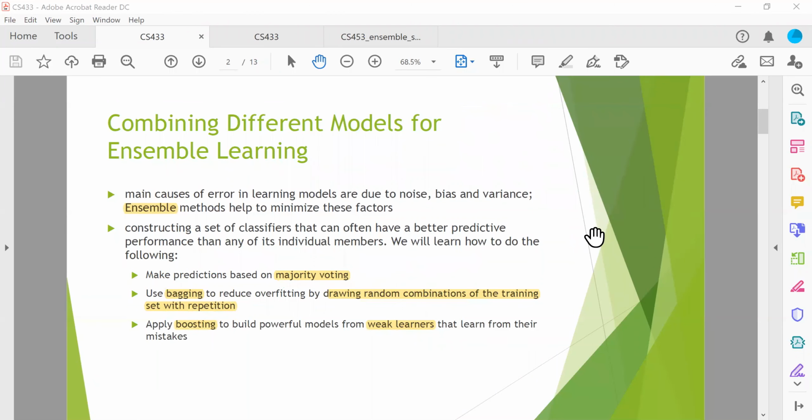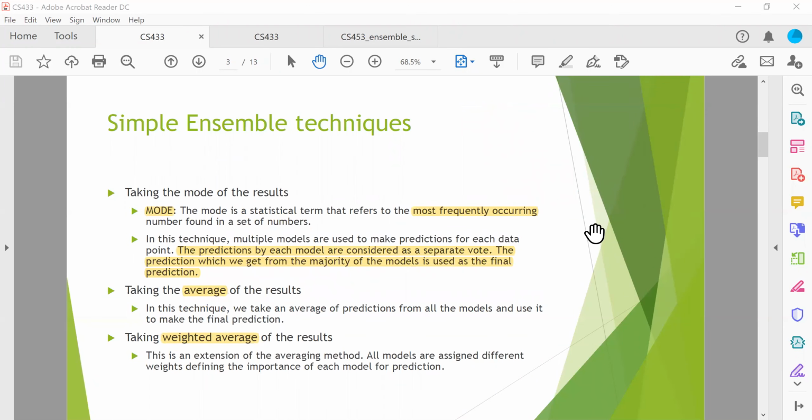Very general. So here are some simple ensemble techniques. The first one I discuss is about mode. What is mode? It's a statistical term referring to the most frequently occurring number found in a set of numbers.